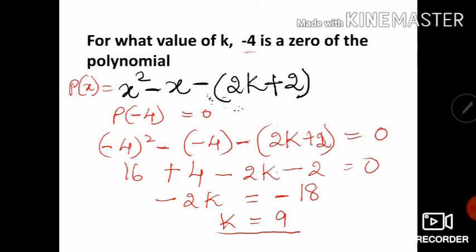To solve this question, we use the fact that if this number minus 4 is a 0, then value of polynomial at minus 4 should be 0. So we substitute in the polynomial minus 4 in place of x and equate it to 0 and then solve.